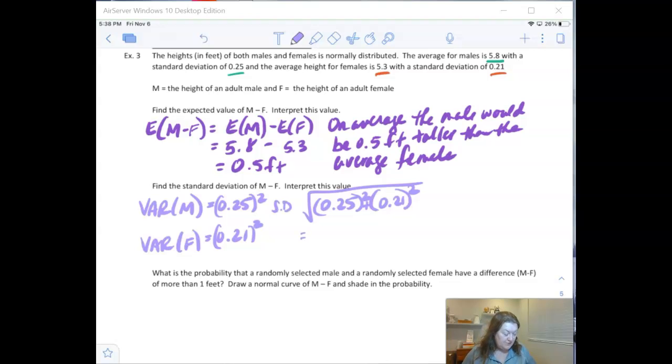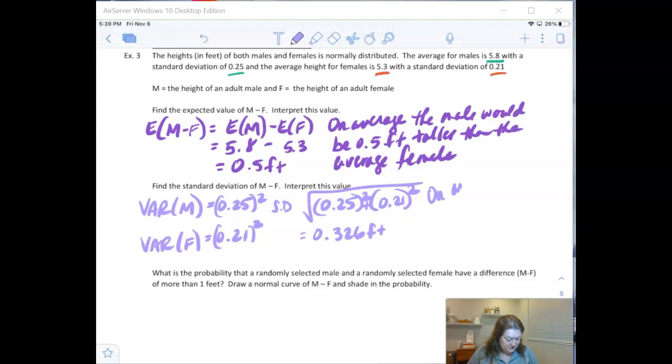Putting that together, we should have about 0.326 feet. So on average, if we pick a random male and a random female and subtract their heights, we're going to be at about 0.5, give or take about 0.326 feet. That's how we interpret that value.